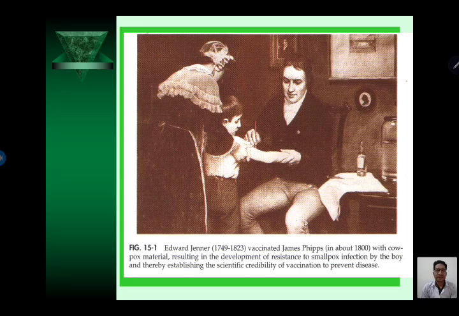Edward Jenner, 1749 to 1823, vaccinated James Phipps in about 1800 with cowpox material, resulting in the development of resistance to smallpox infection by the boy, and thereby establishing the scientific credibility of vaccination to prevent disease. This picture describes how James Phipps was vaccinated with a very low dose of pox material to increase immunity in the boy.